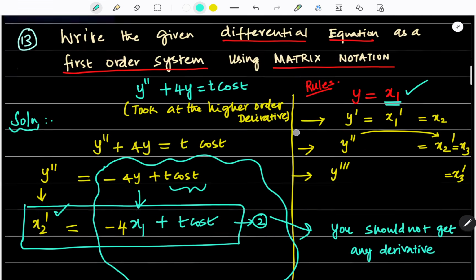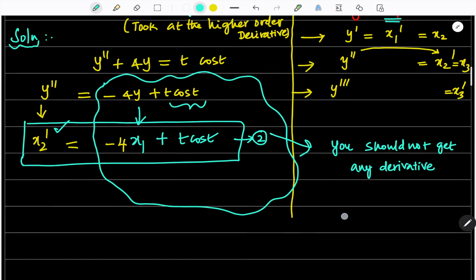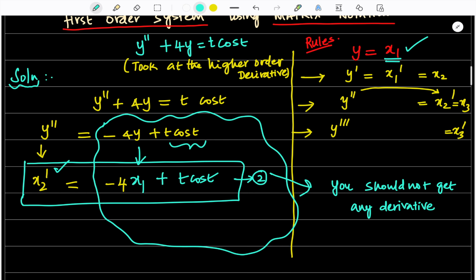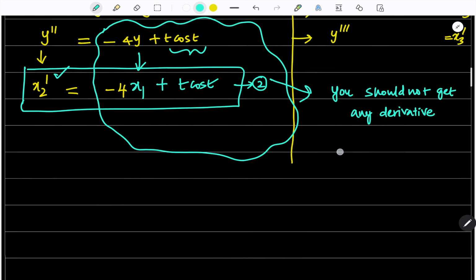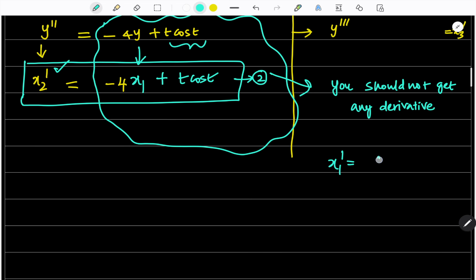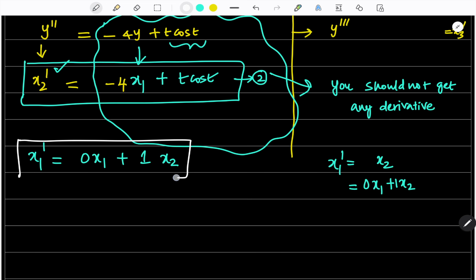Now you got an equation for x2 dash, so you need one for x1 dash. x1 dash is equal to x2, which I write as 0 times x1 plus 1 times x2. This is going to become your first equation.